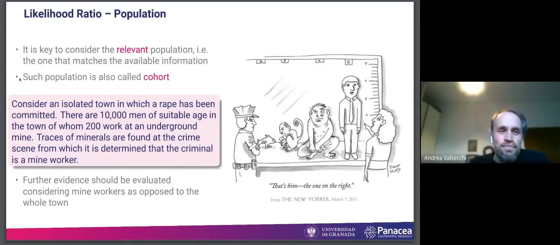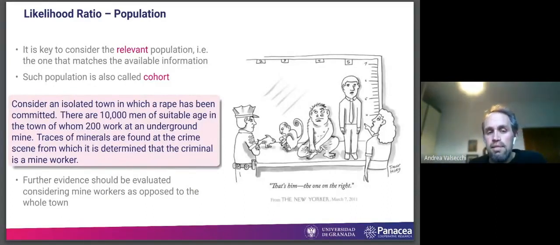But if we want a more serious example, we can look at this one, where it says, consider an isolated town in which a rape has been committed. There are 10,000 men of age in this town, but only 200 of them work at an underground mine. It has been determined that traces of minerals have been found at the crime scene. So the police think that the perpetrator must be a mine worker.